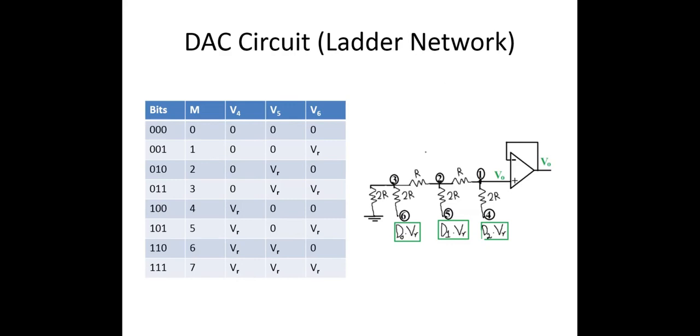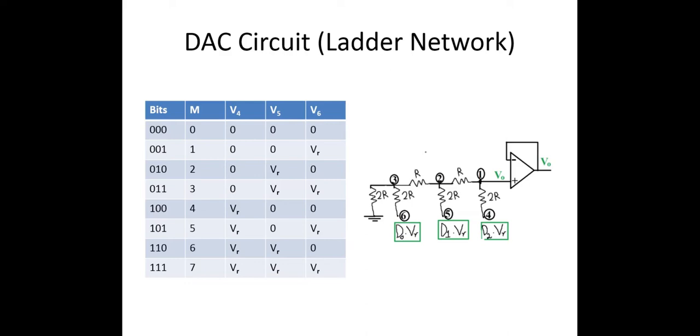So now let's look at this information in a tabular form. In the leftmost column you have the binary number, and then you have the value of this binary number, and then you have the voltages V4, V5 and V6. If the input binary number is 0, 0, 0, then all voltages are 0.